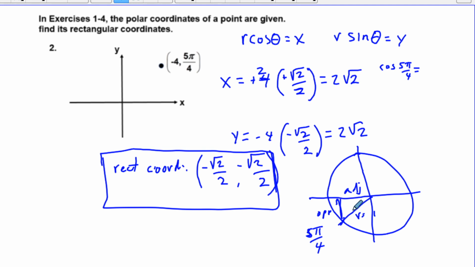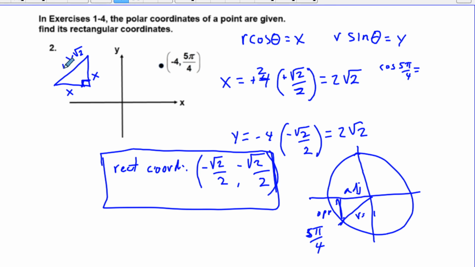Let me just draw a 45, 45, 90 triangle. If your hypotenuse is 1, the 45, 45, 90 triangle is according to the format x, x, x square root of 2.